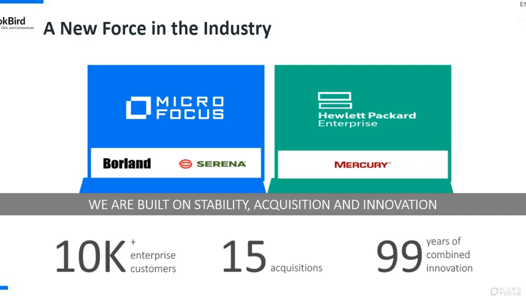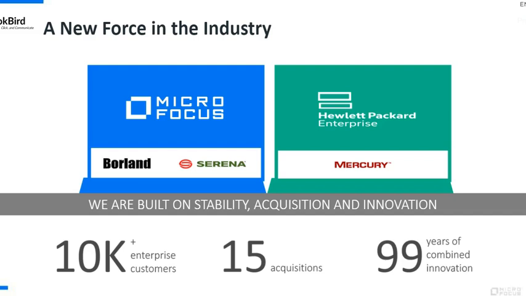And in the early 2000s, we were acquired by HP, which later split into HP Enterprise and so on. But the Micro Focus company is really a merger between HP Enterprise Software and the Heritage Micro Focus. And between us, we have a lot of experience around the software development lifecycle.